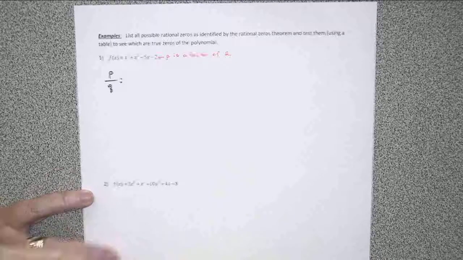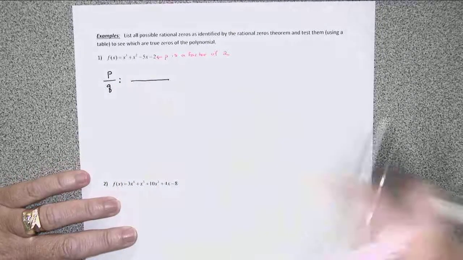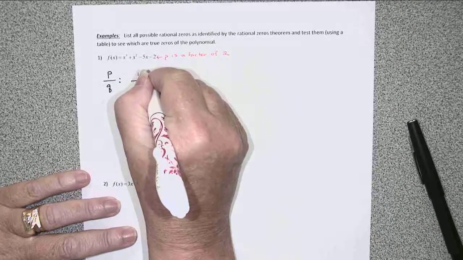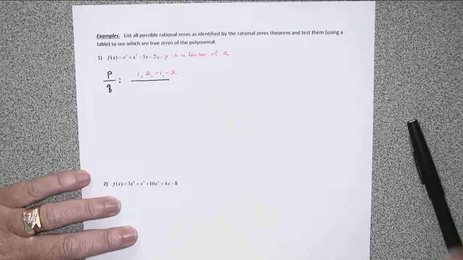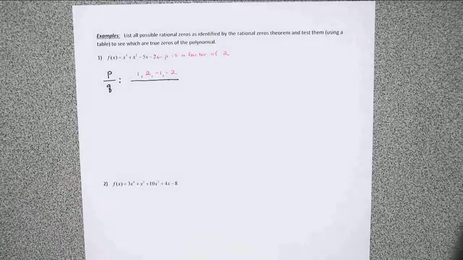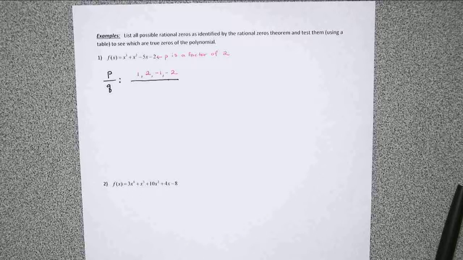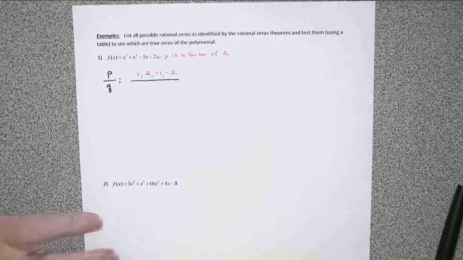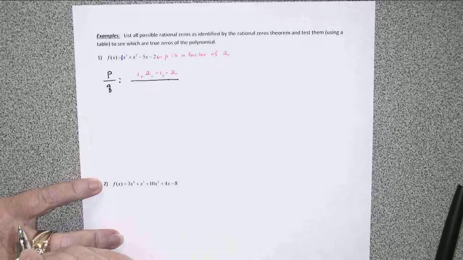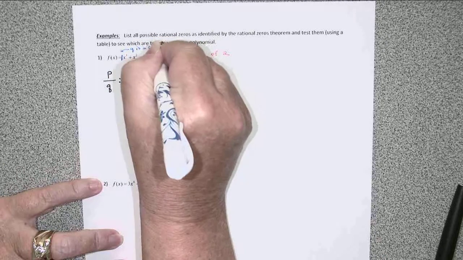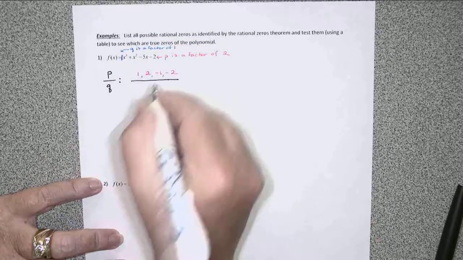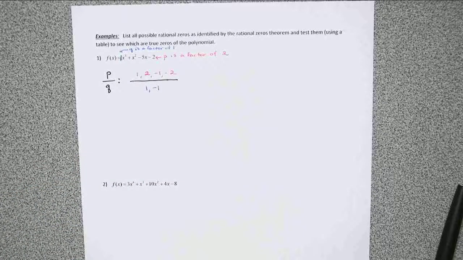So, when I think about the possibilities for P, I'm thinking 1 and 2, also -1 and -2. Those are all factors of 2. Q has to be a factor of the leading coefficient, which in this case is just 1. And so either +1 or -1, the only possibilities for Q this time.